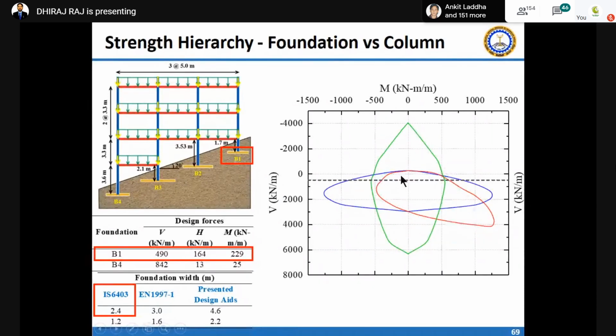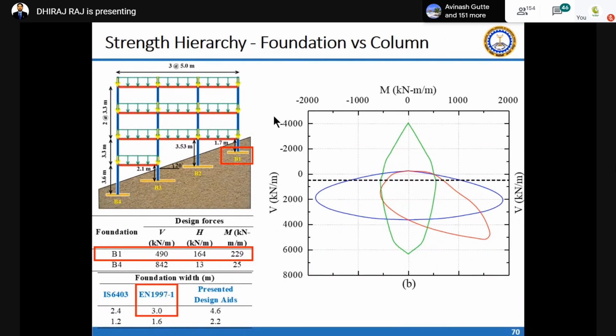This red line and the green line should actually coincide at this dotted line, but they are not coinciding. So your foundation is not capable of resisting the shear force if you design it according to 6403.